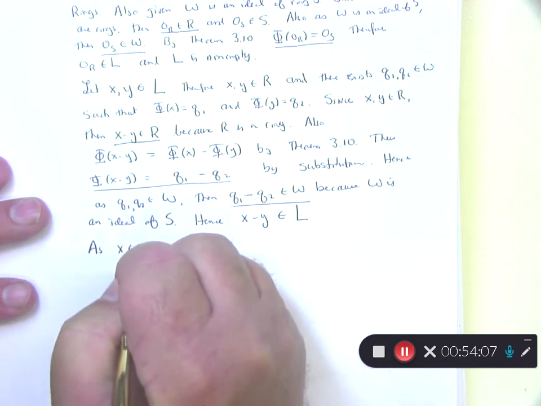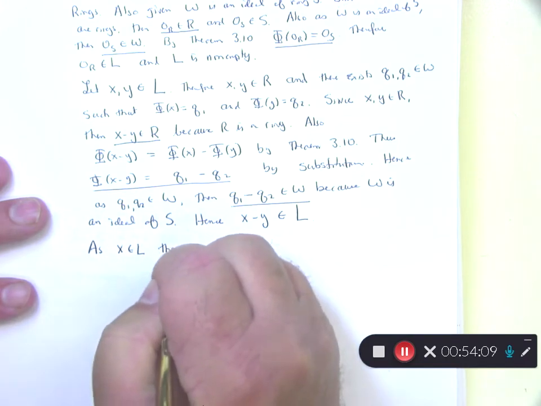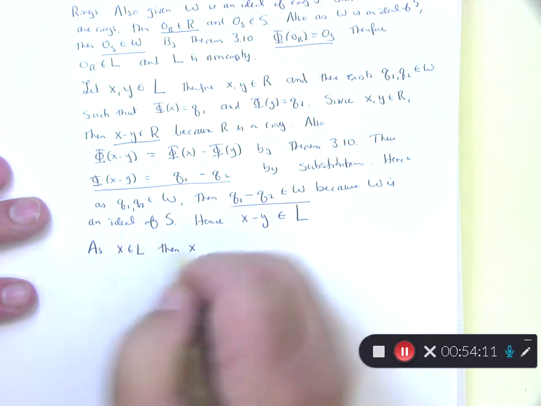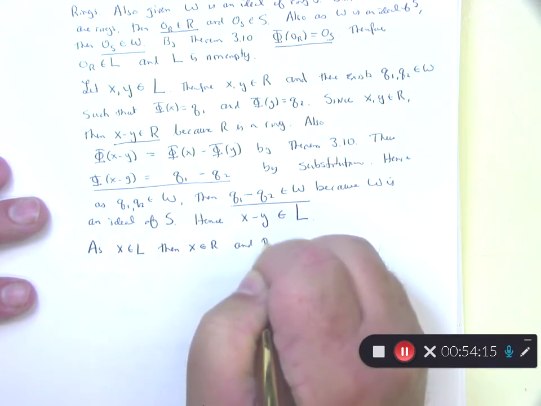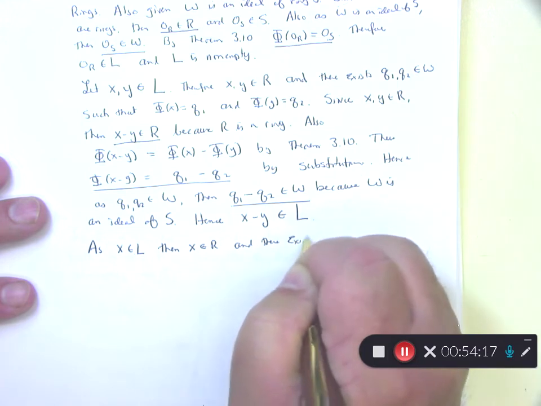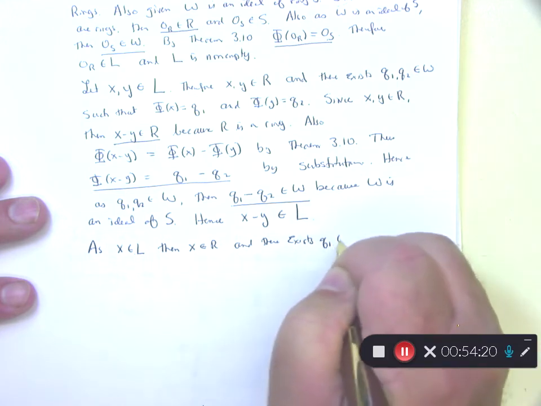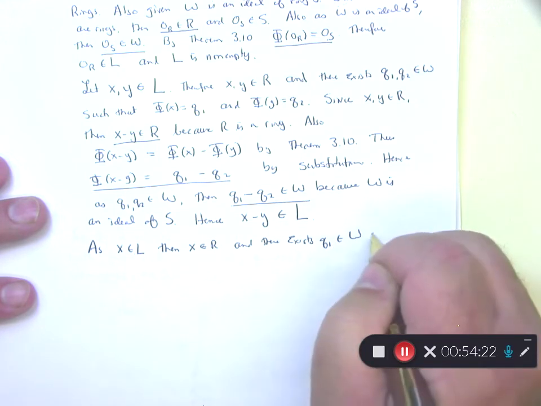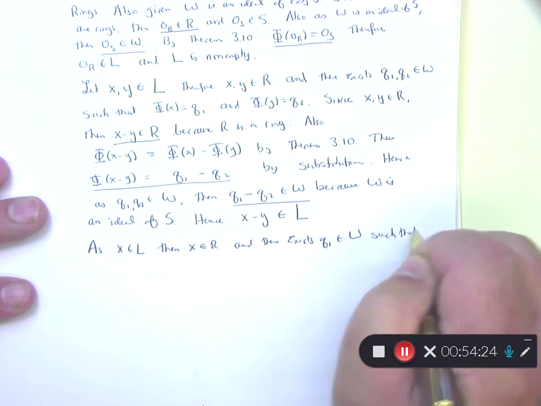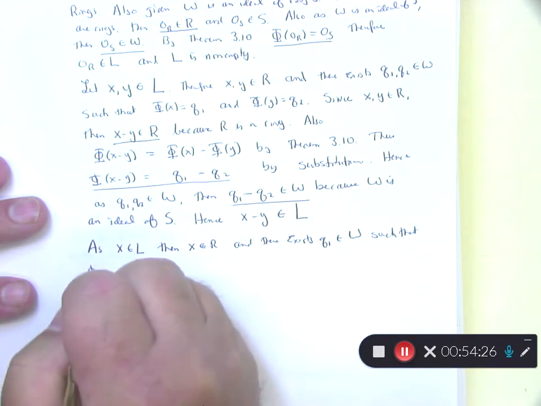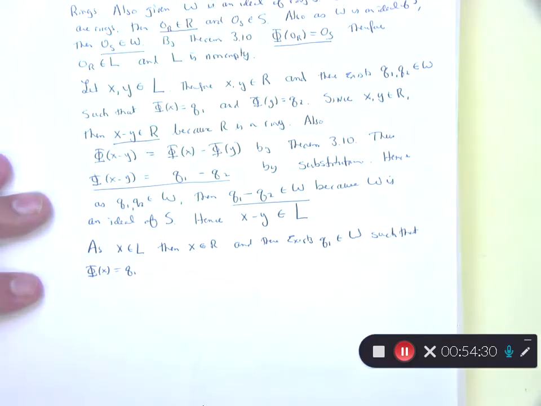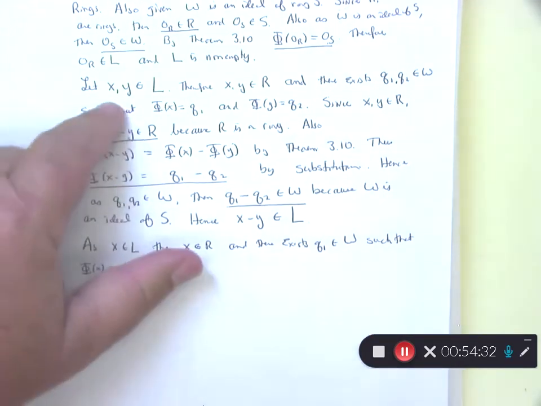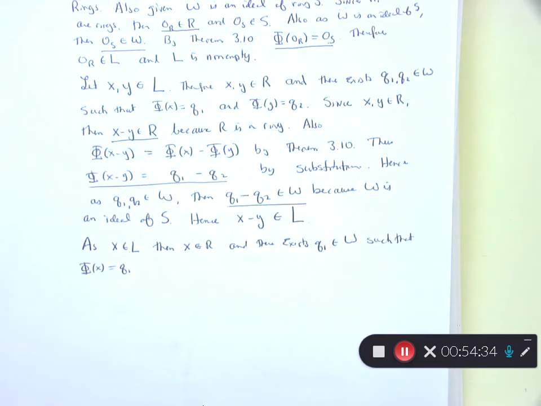As x is an element of L, then x is an element of R, and there exists a q1, element of W, such that phi of x was equal to q1. I'm literally just restating what I did up here with just one element. Now the other element needs to be arbitrary.